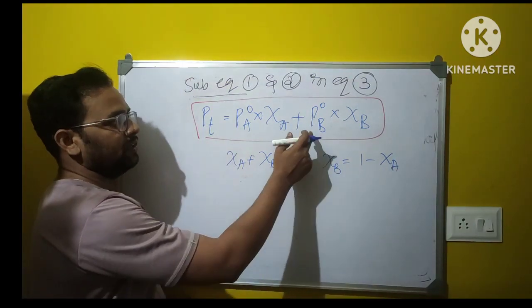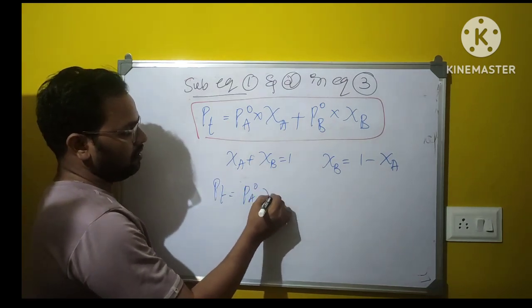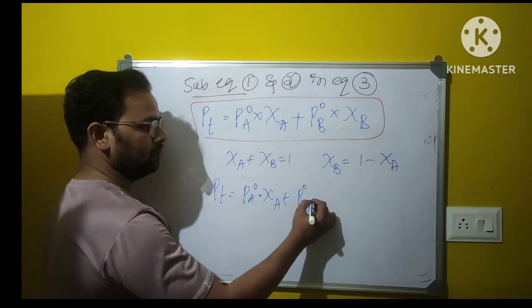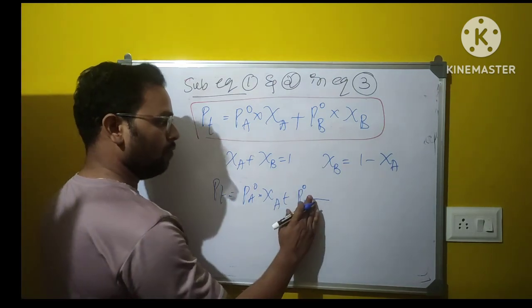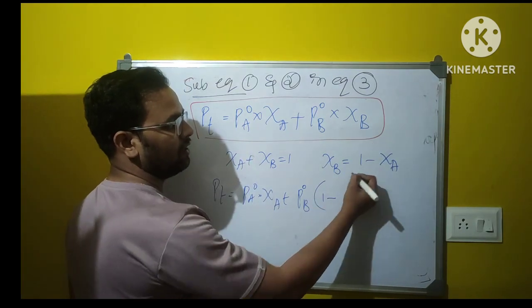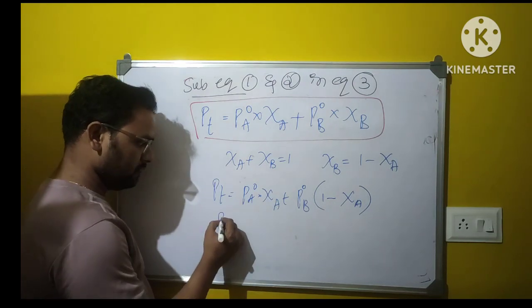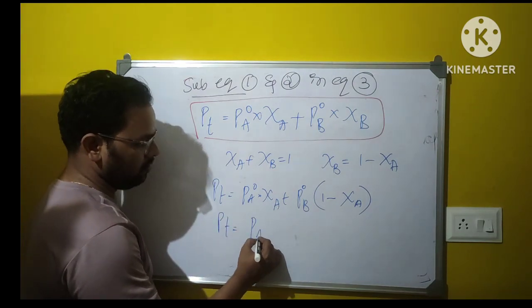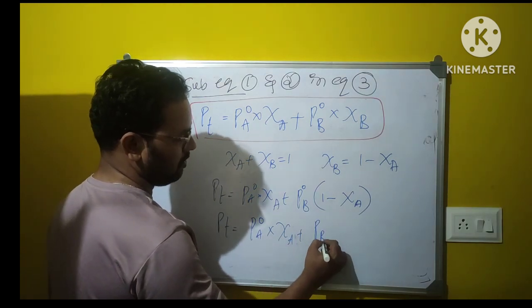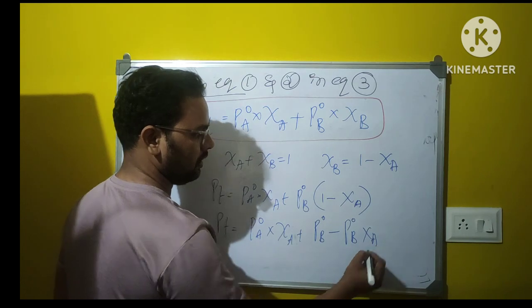Substitute the Xb term in this expression. Then Pt is equal to Pa naught into Xa plus Pb naught into 1 minus Xa. Now simplify this. Pt is equal to Pa naught into Xa plus Pb naught minus Pb naught into Xa.